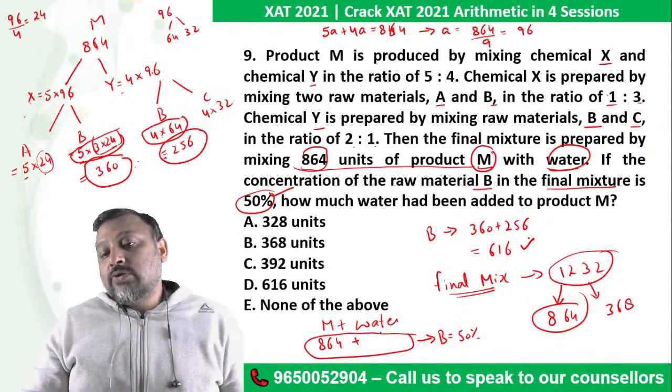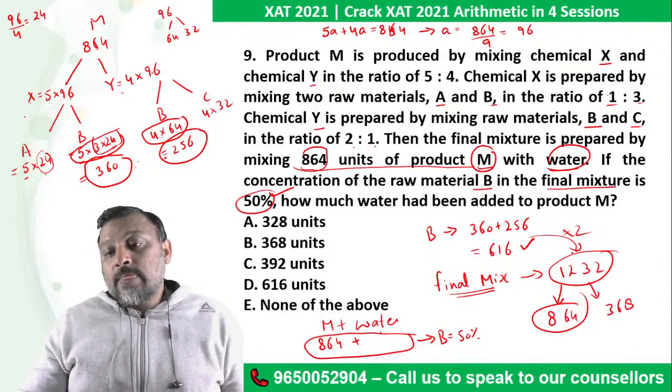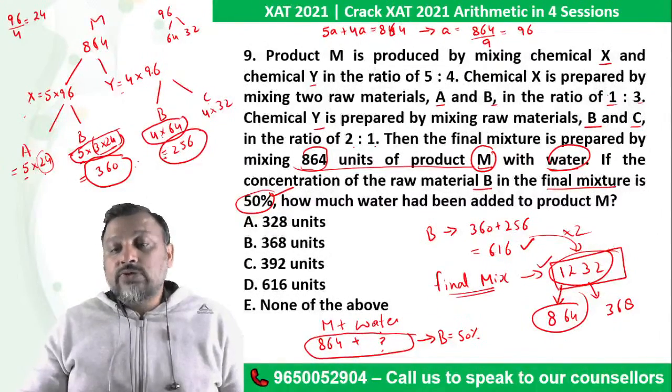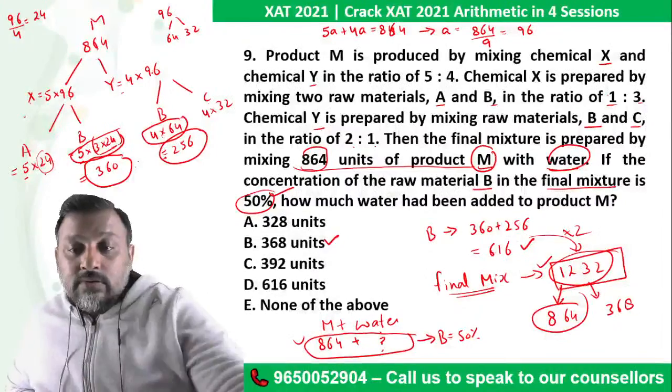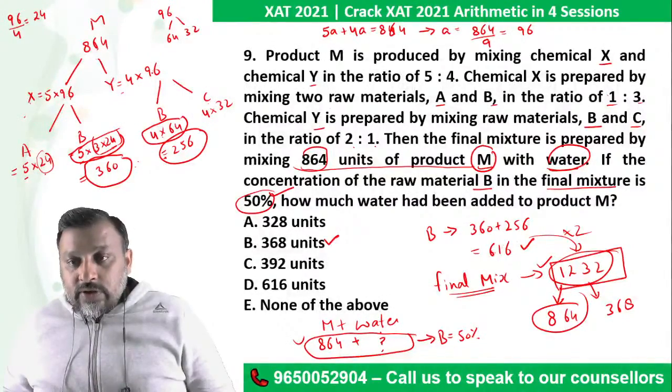So the final mixture should be twice of this, out of which 864 is M. The water is the difference of these two, so that is 368. Manjusha, Yashika and Jatan got this correct. Very good, Jatan.